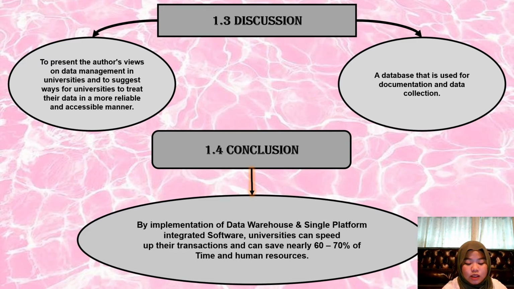So for the active data, data that is viewed daily is referred to as active data. Inactive data is data that is used infrequently but is needed to operate or transact with the system.